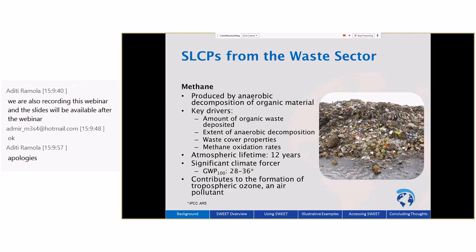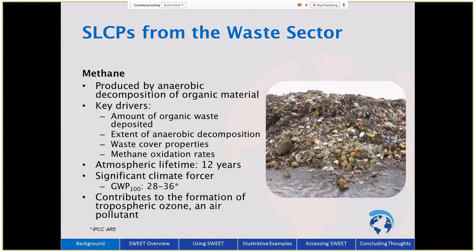Atmospheric lifetime for methane is about 12 years, and again, it's a significant climate forcer. After carbon dioxide and black carbon, methane is the third most significant contributor to total radiative forcing. Methane is not an air pollutant itself, but it contributes to the formation of tropospheric ozone, which is an air pollutant.